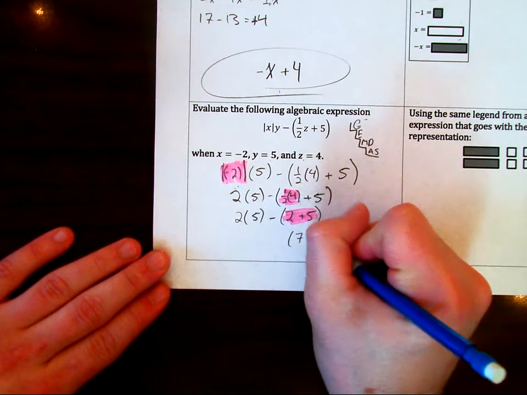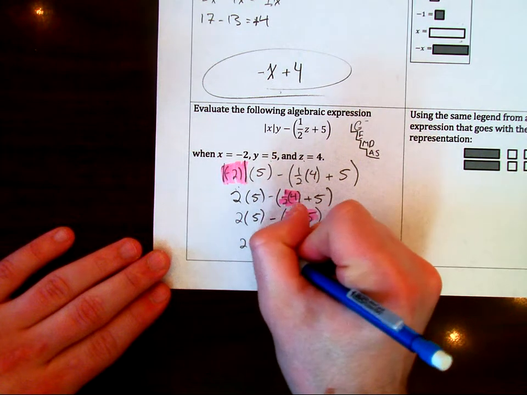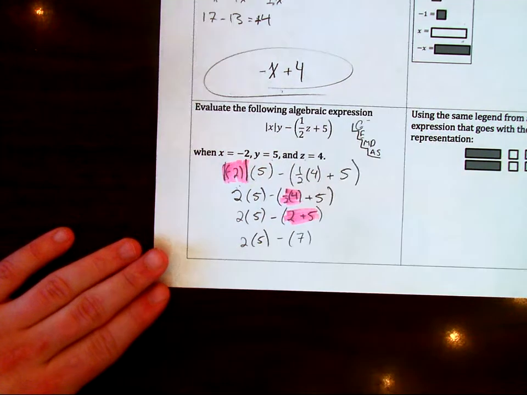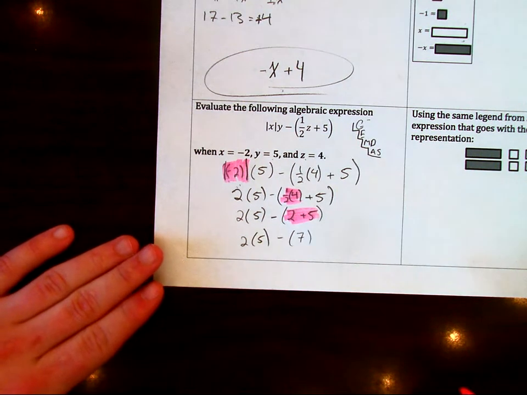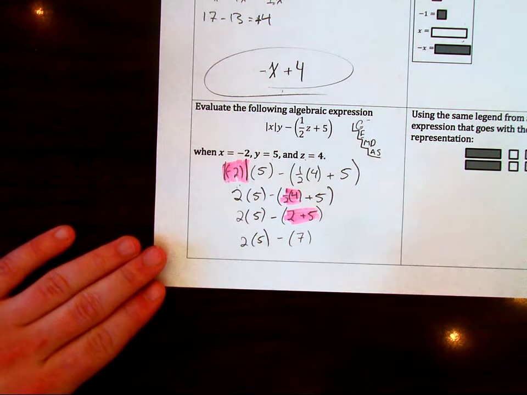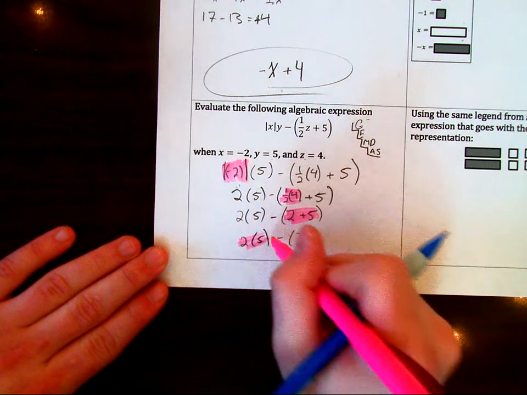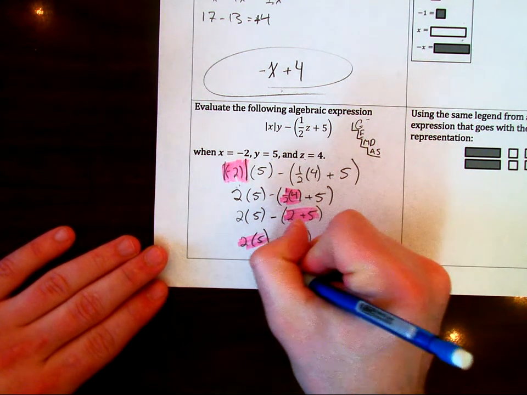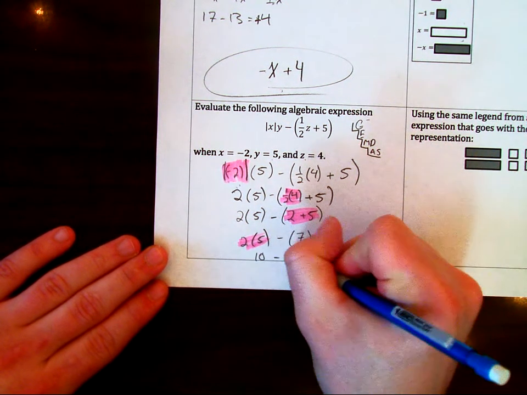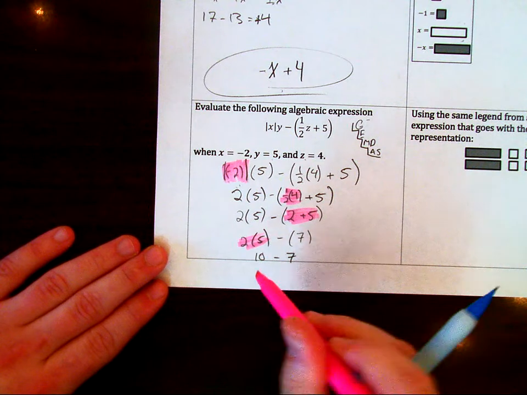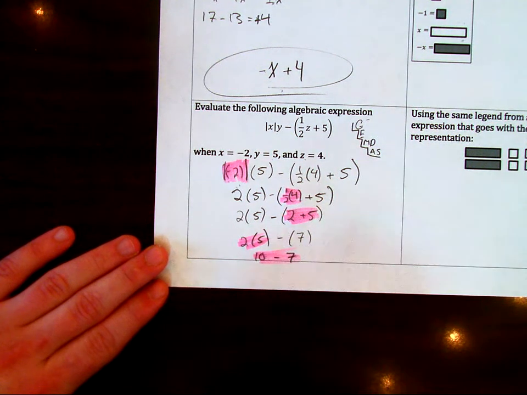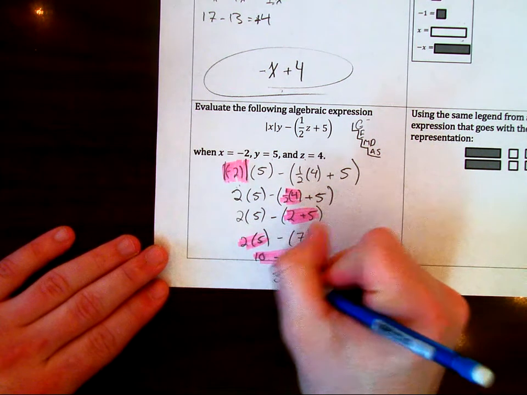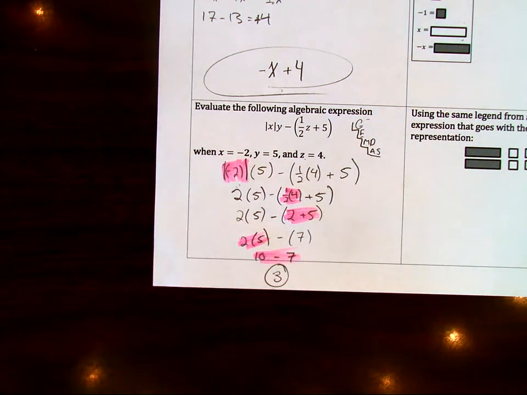Everything else stays the same. Then we do 2 times 5 for our multiplication. So that's going to be 10 minus 7. And lastly, our only step remaining is 10 minus 7.